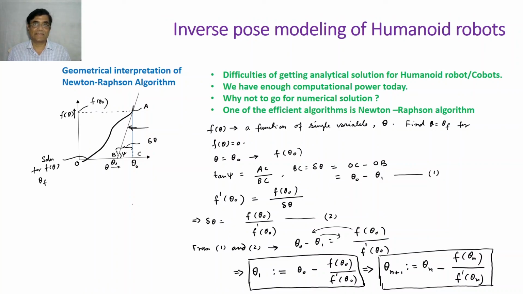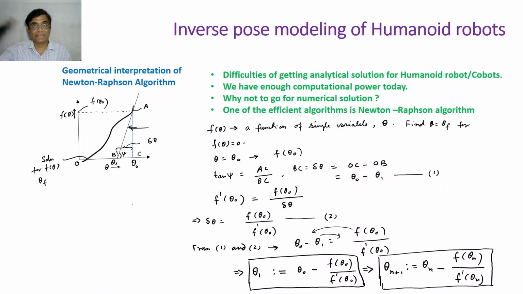But before doing that, in my next class, I will apply this to our very well-known, very sophisticated and elegant model, the two-link robot manipulator, for which we already have an analytical solution. We will try to figure out the numerical solutions using the Newton-Raphson method.